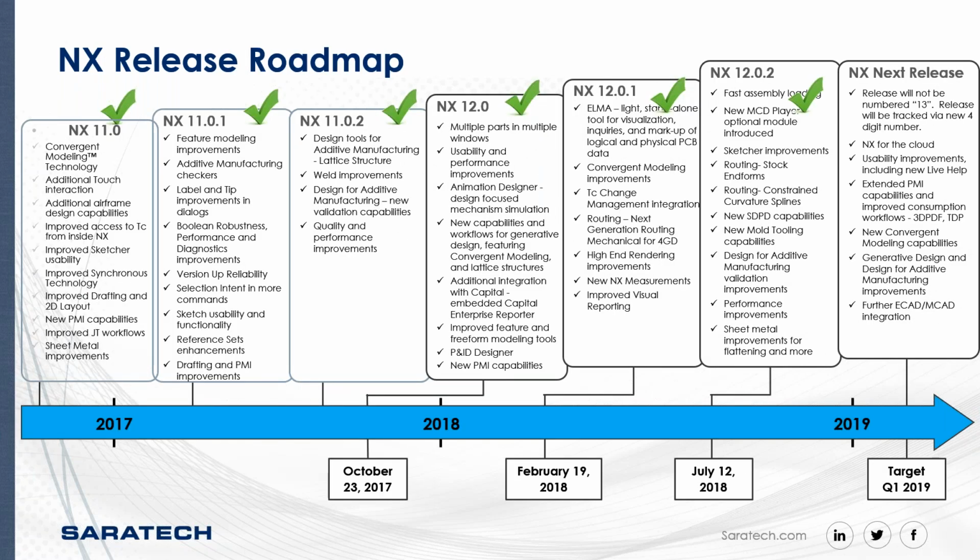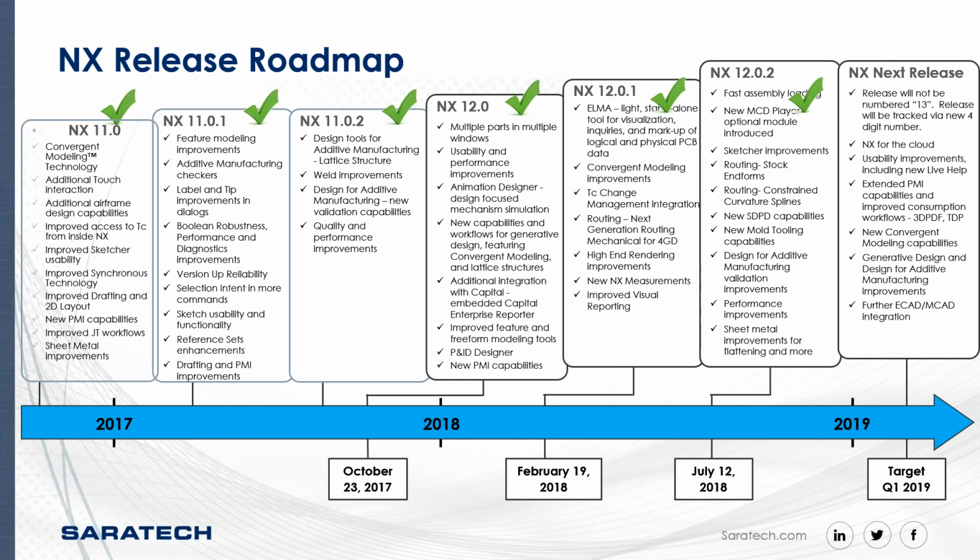This next roadmap, I just wanted to show you real quickly the way NX came out in NX 2017. You can see here we've got the different versions that are out there, and then 2018 is when NX12 rolled out. So the enhancements I'm showing are in NX 12.0.2, and I'm currently using maintenance pack 4. But I also wanted to show you the NX next release.